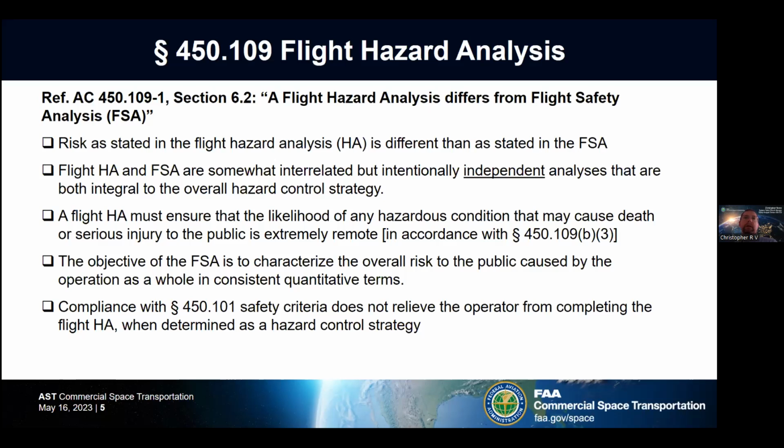Whereas the objective of the FSA is to characterize the overall risk to the public caused by the operation as a whole in consistent quantitative terms. And it's also important to note that compliance with 450-101 safety criteria, which is the quantitative terms of the FSA, does not relieve the operator from completing the flight hazard analysis when it is determined as a hazard control strategy. Next slide.